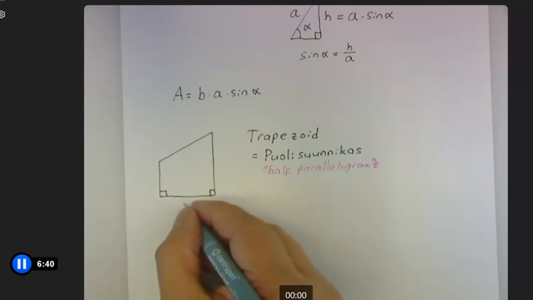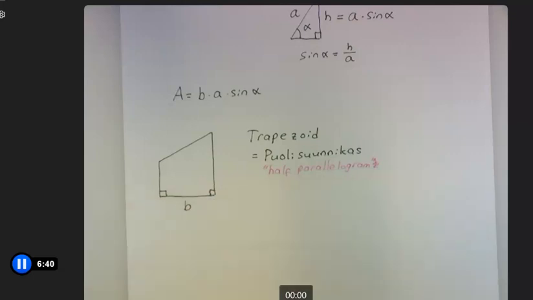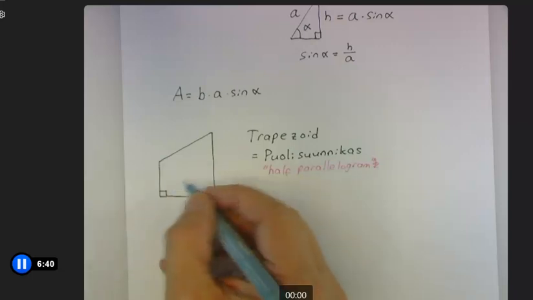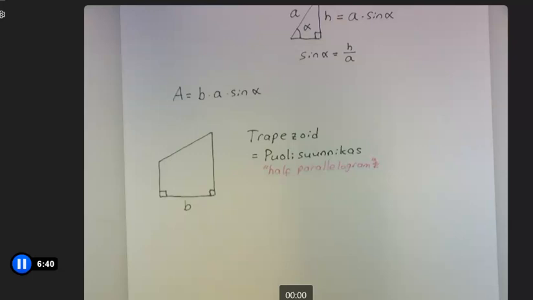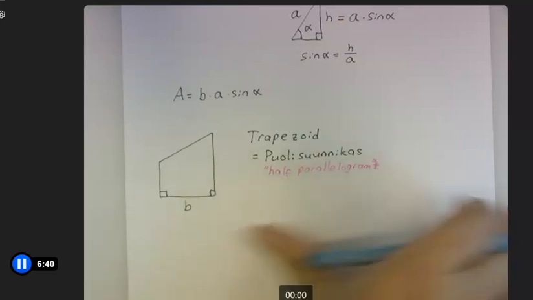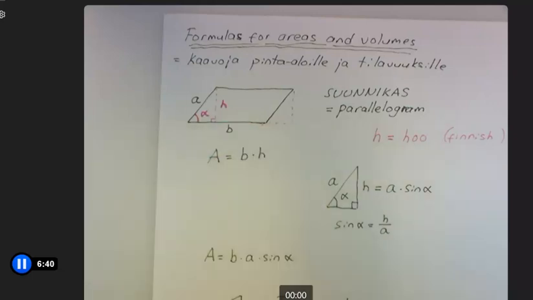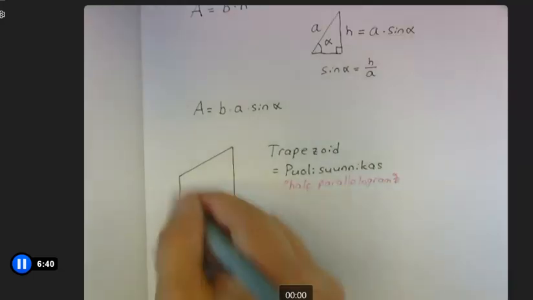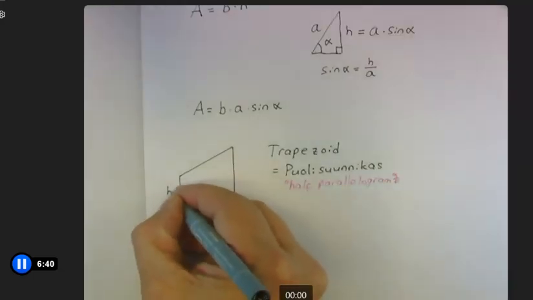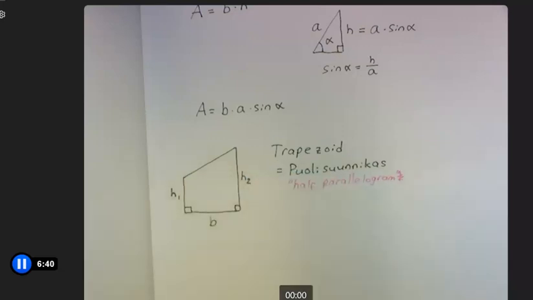If we mark this side B as base, and these sides are heights of the trapezoid, mostly height is marked with the letter H. So we have two heights here. I will call this H1 and this H2. This is also possible to derive with the help of a rectangle.